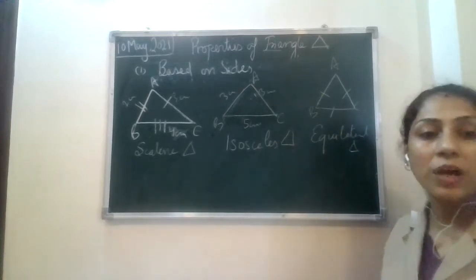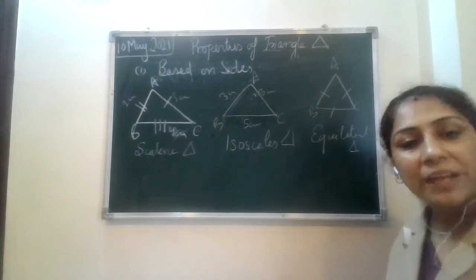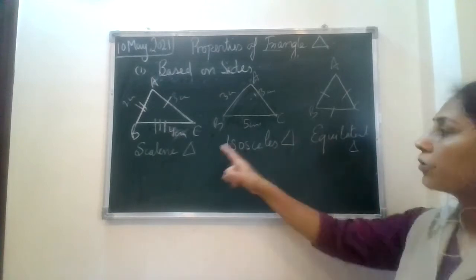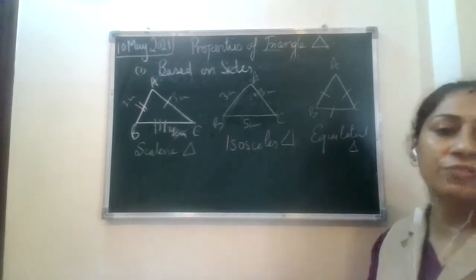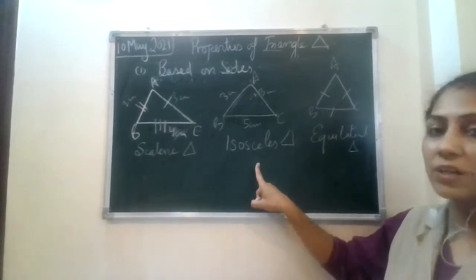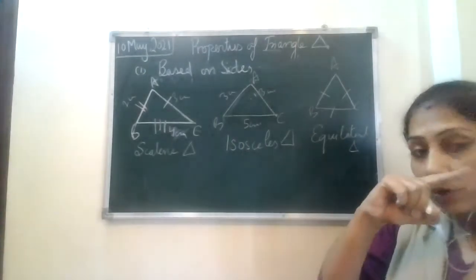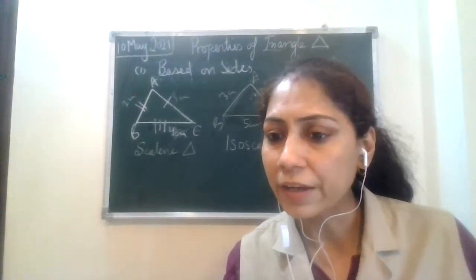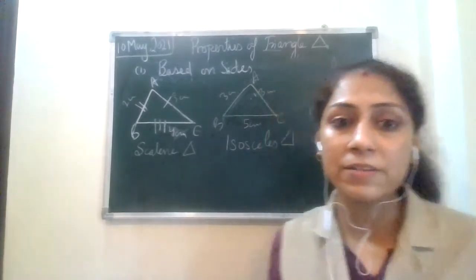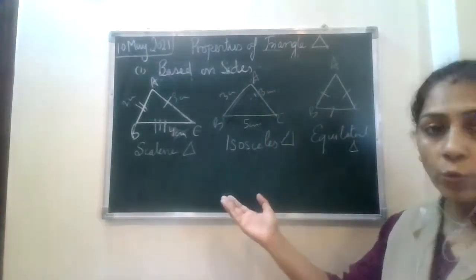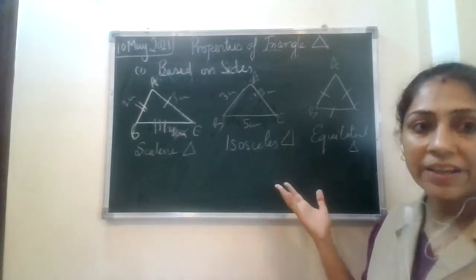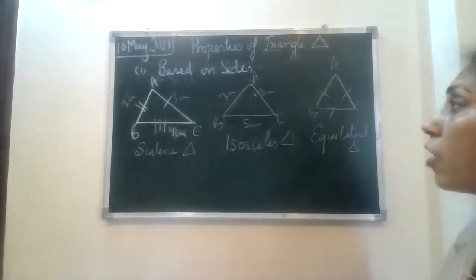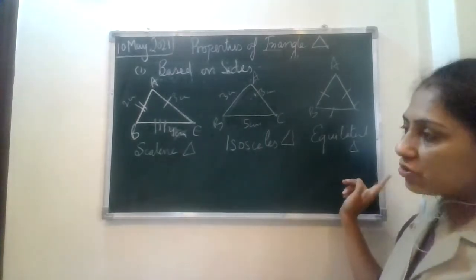One more triangle you're going to come across, that is the right angle triangle, but that I'm going to tell you in angles. So these are your three types of triangle on the basis of sides: scalene, isosceles, equilateral. These three triangles have their own significance, and certain properties are attached to them, which we're going to study later on in my coming up sessions.